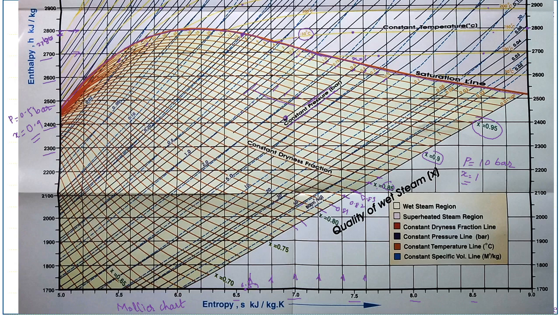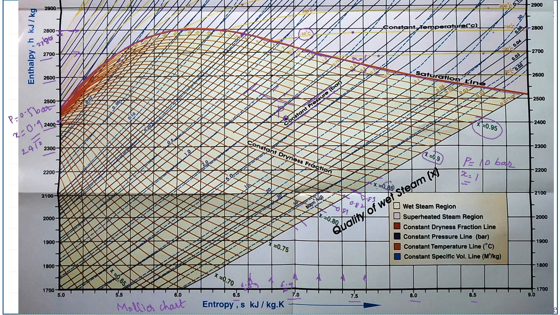For example, corresponding to this point we will get the enthalpy as 2450, meaning here 2410 kilojoules per kg is the enthalpy at this point. Corresponding to this point we can find out the entropy. This is 6.5, 6.6, 6.7, 6.8, 6.9. So 6.9 is the entropy at this point, say P.